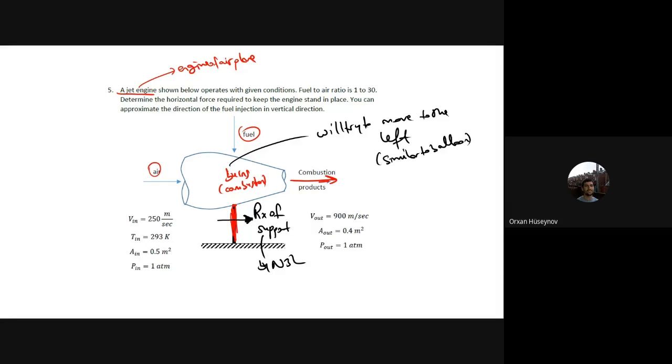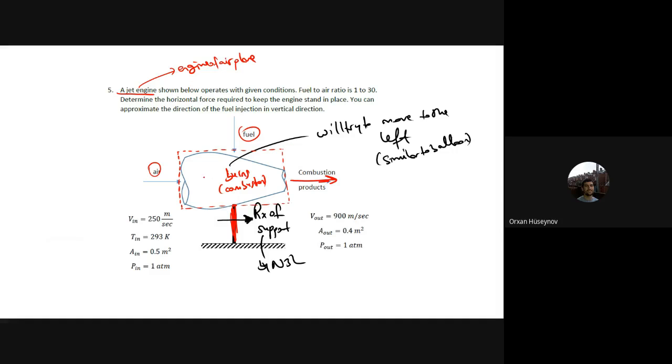So now I know the Rx, and let me write the other forces. To write other forces, I will select my control volume here. The control volume will be something like this one. This one will be my control volume here. As I said, you can select any control volume. It is optional.